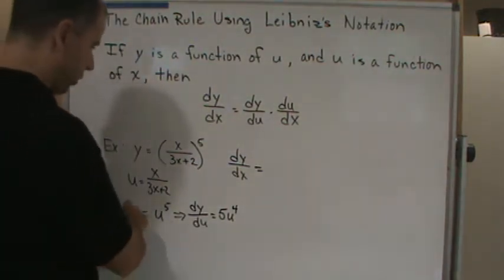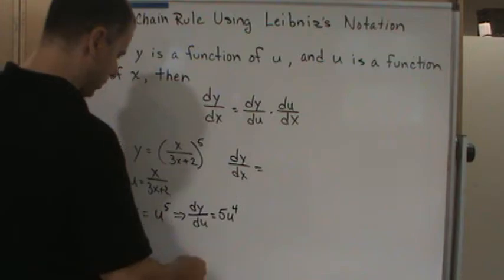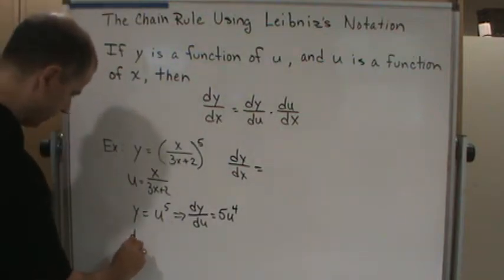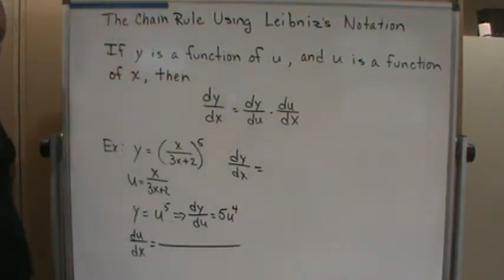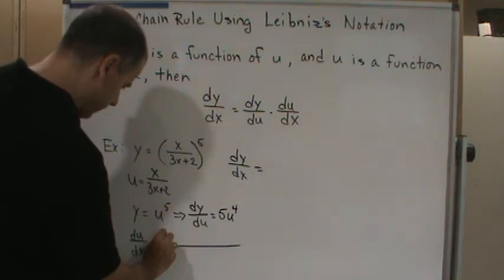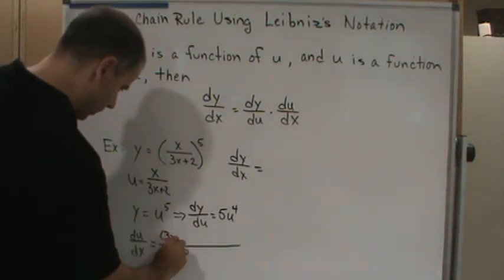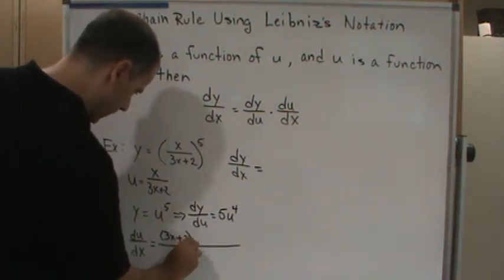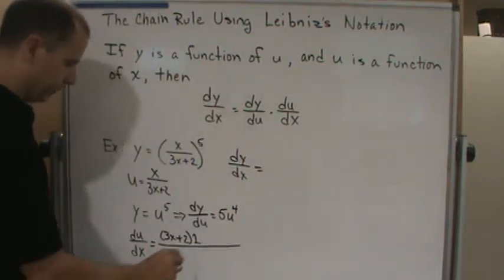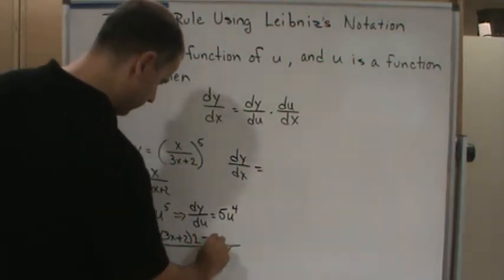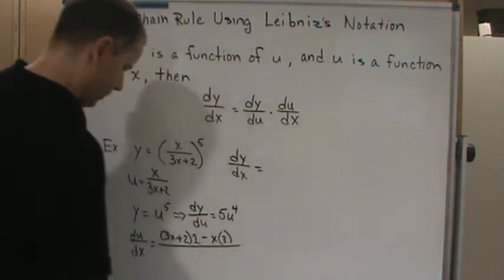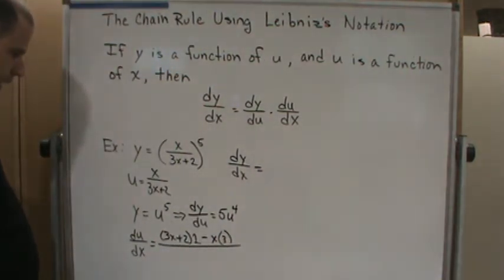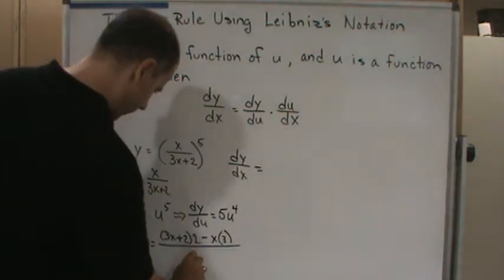And now for du/dx, we're going to have to use the quotient rule. So du/dx equals, remember the quotient rule, low d high, so it's going to be 3x plus 2 times 1, minus high d low, over low squared.